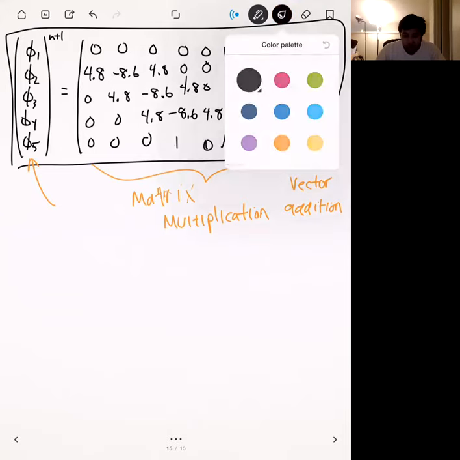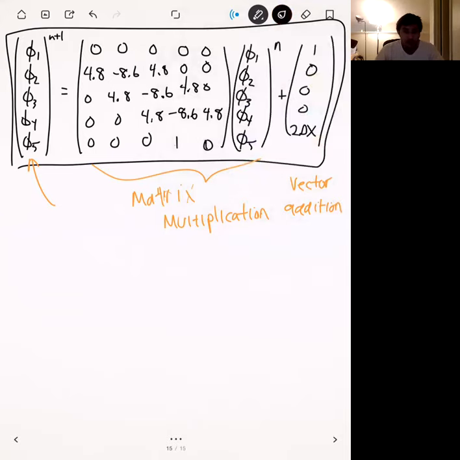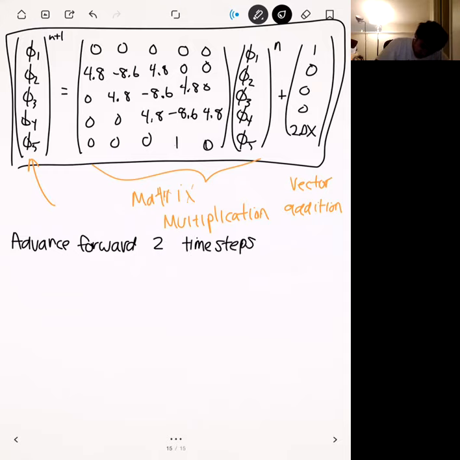And so just to show you this in action, let's take this set of equations and advance it forward 2 time steps. Let's start with the 0 initial condition.